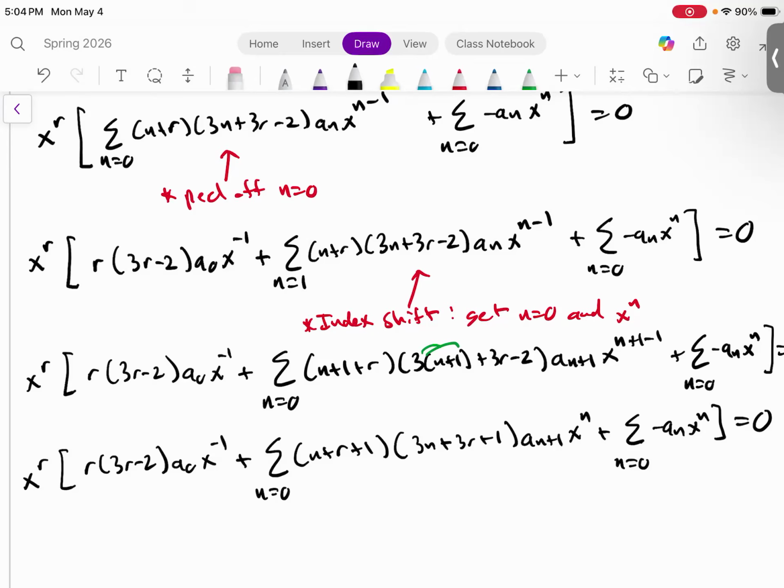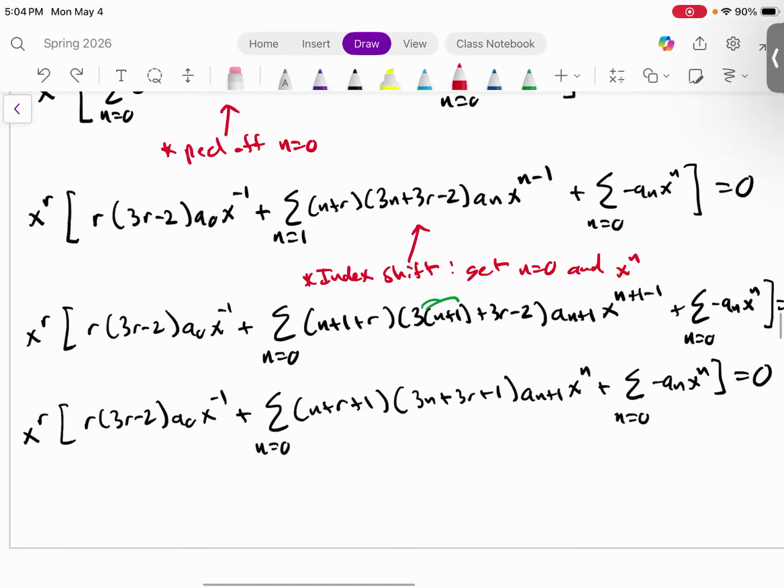Okay, so now I have two series, both starting out at n equals 0, and both are x to the n. So what can I do now? I can combine them. Okay, so we know how to combine them. We've done it in the solution already, but we're trying to clean it up.